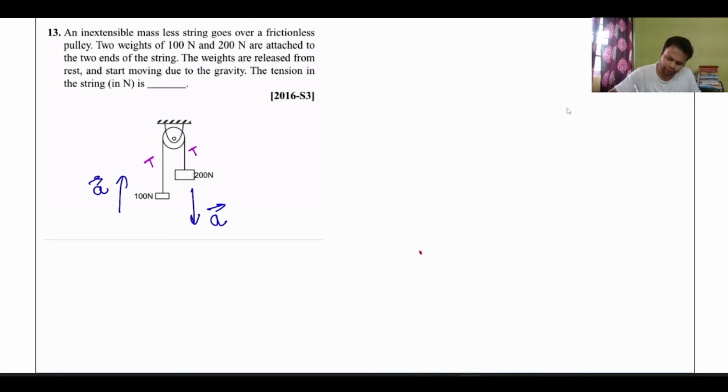So let us draw the FBD of 100 Newton. There is a tension force in the upward direction. There is an mg force that is equal to 100 Newton in the downward direction. And since it is accelerating upwards, I'll apply an inertia force in the downward direction, which is equal to mass into acceleration, ma.